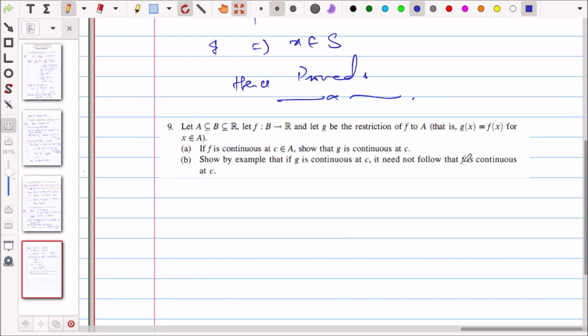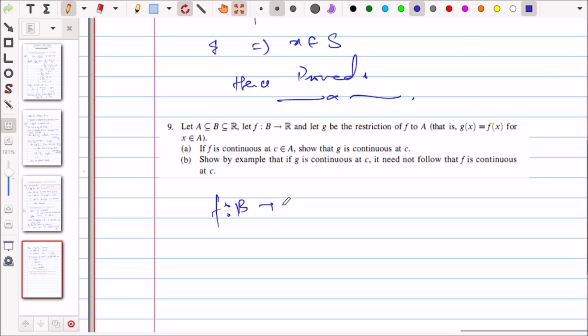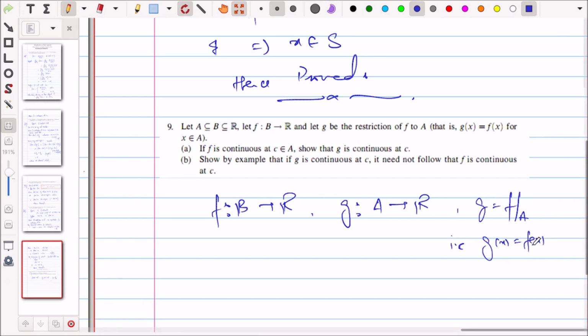We are given two sets A and B contained in R, where A is contained in B, F is a function from B to R, and G is the restriction of F to A, that is G(x) is equal to F(x) for every x in A. So F is a function from B to R, G is a function from A to R, where G is equal to F restricted to A.